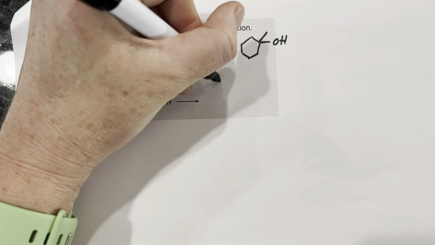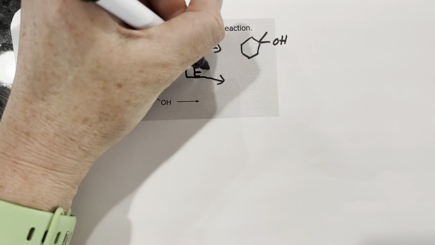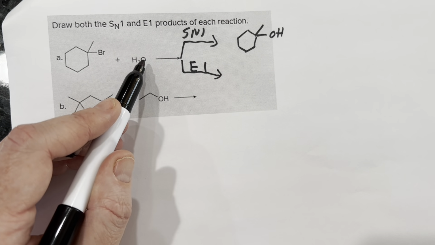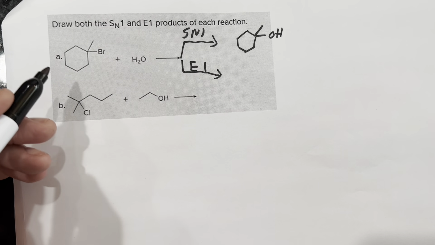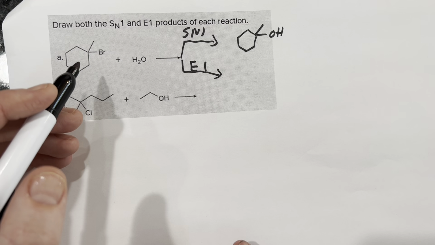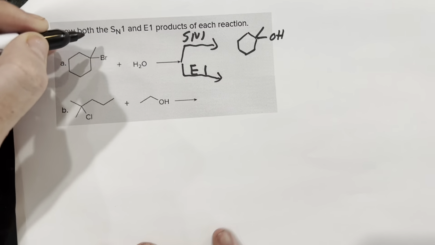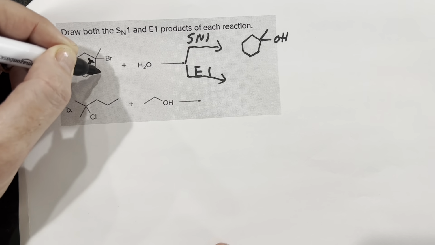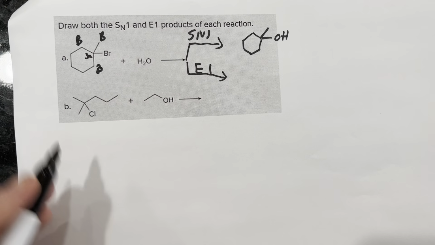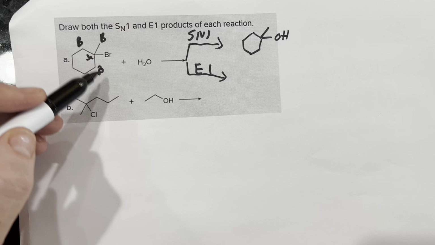In this situation, if we do E1 and we treat water like a base, remember it's going to remove the hydrogen in the most substituted part. So if this is our alpha, we put our beta there, our beta there, our beta there. These are both equivalent betas, so it wouldn't matter.